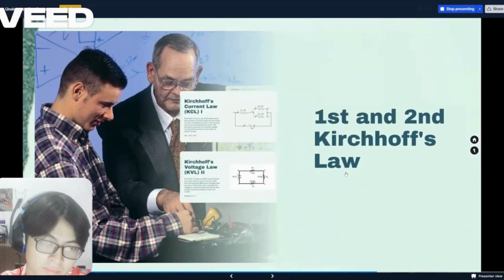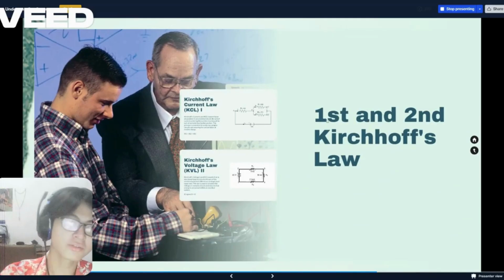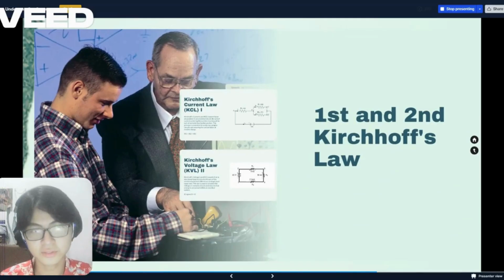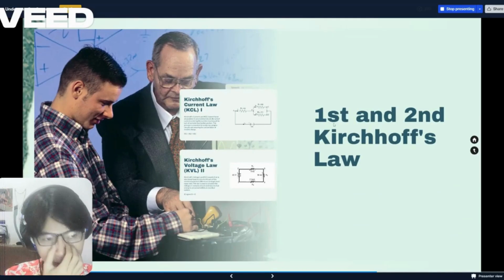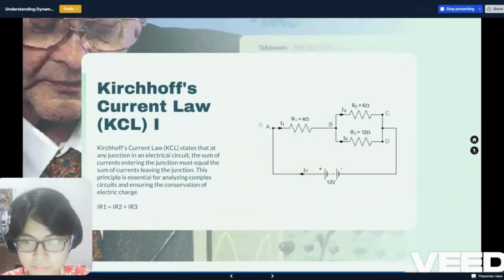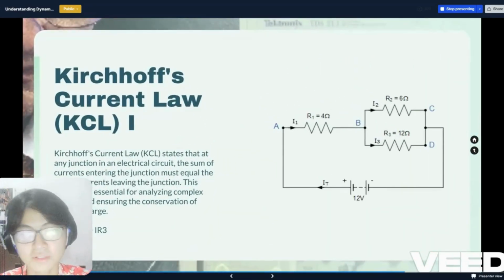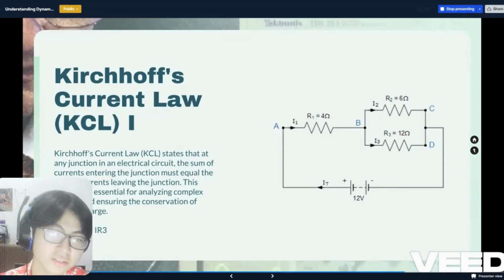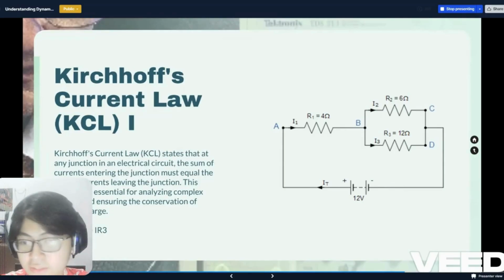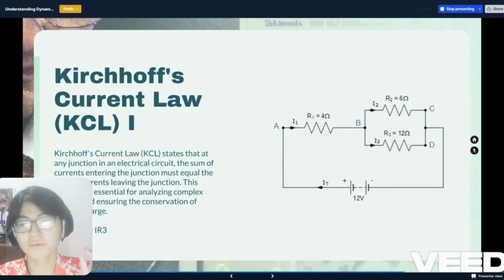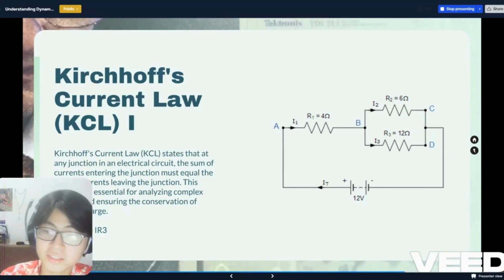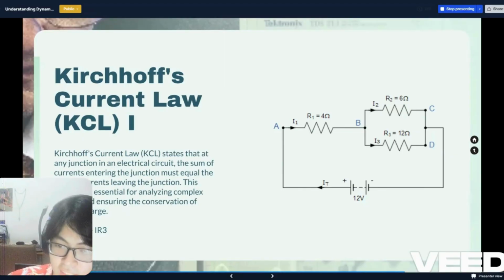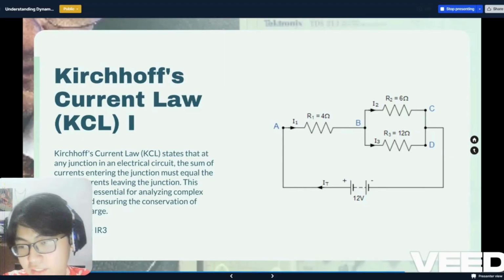So now we're going into the first and second Kirchhoff's laws, which is going to get a little bit complicated from here. The first, Kirchhoff's current law, states that at any junction in an electrical circuit, the sum of currents entering the junction must equal the sum of currents leaving the junction. This principle is essential for analyzing complex circuits and ensuring the conservation of electric charge.